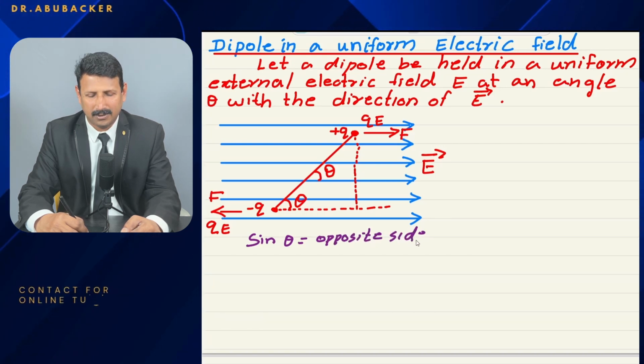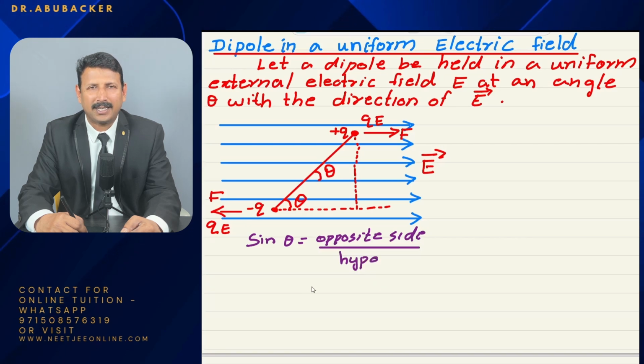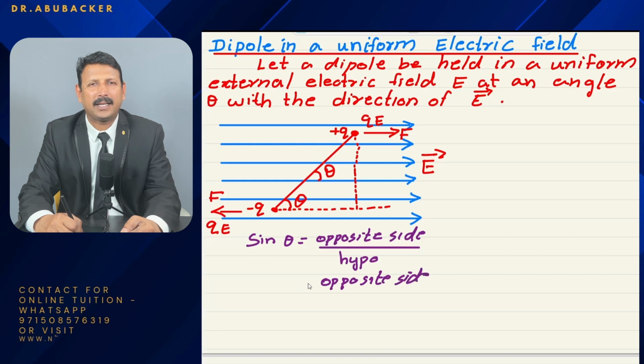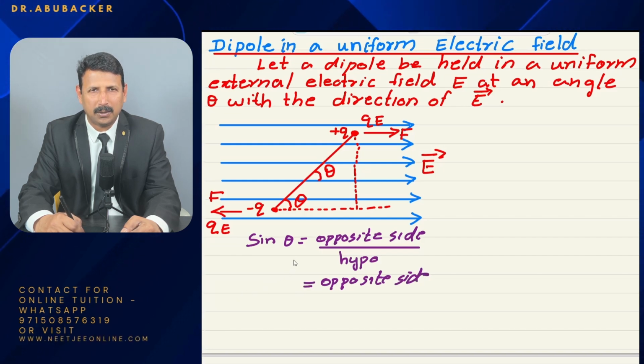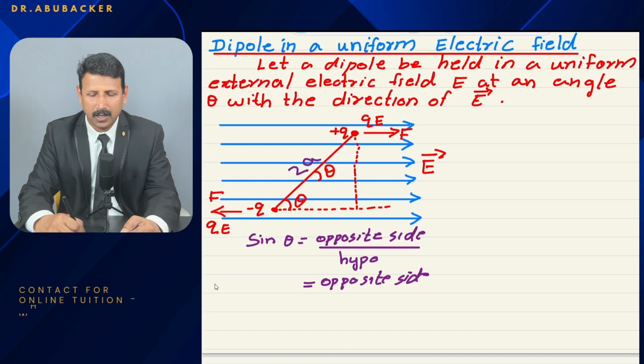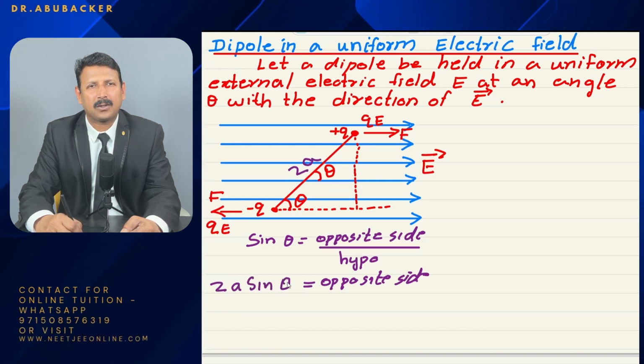Here the hypotenuse is the length of the dipole, that is 2a. So sin theta is equal to the opposite side divided by 2a. Cross multiplying to the left side, our opposite side value will be 2a sin theta. Keep it safe, we need it later.